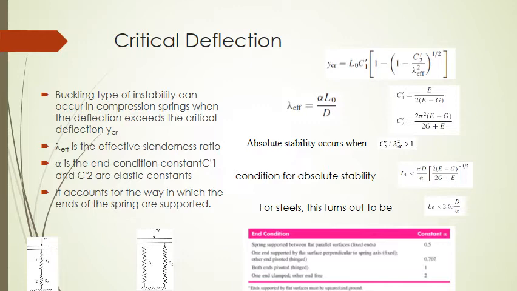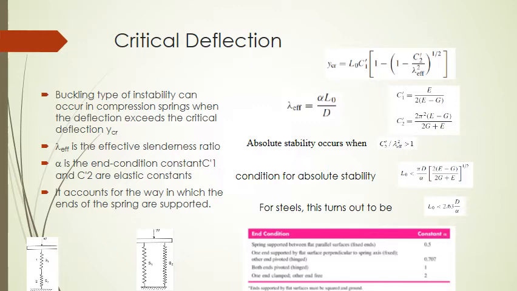If using this length and diameter we cannot maintain the stability, then we have the other option of changing the material of the spring, and by changing the material you can get proper stability of the system.